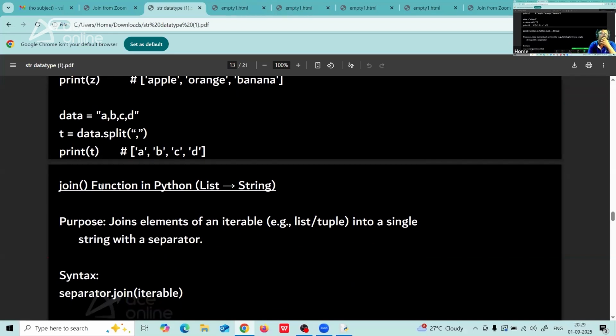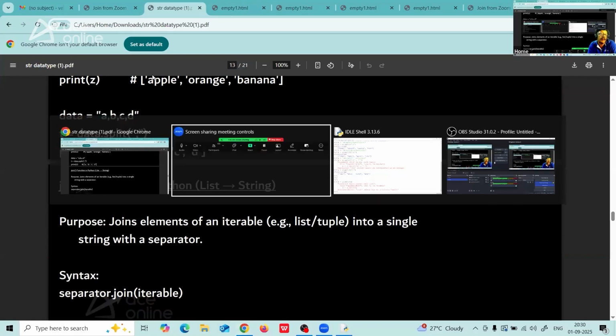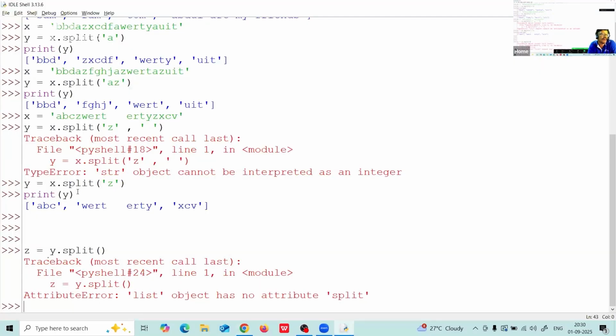Okay. Now there is a counterpart. See, join is exactly the counterpart of split. So I'll go to Python IDLE. See, you already know Y is a list of words. And the requirement is we want all these words which are there in the list to be joined as a single string.